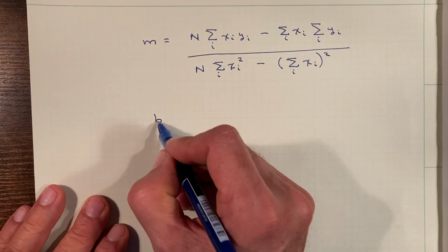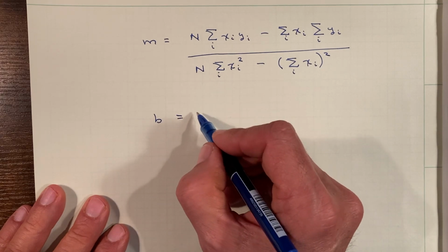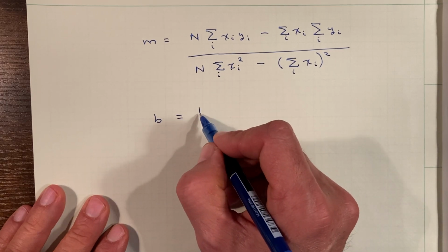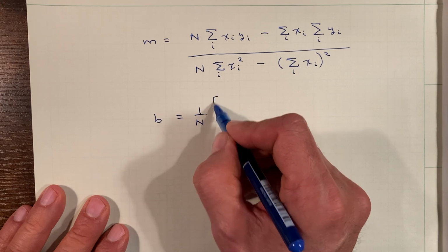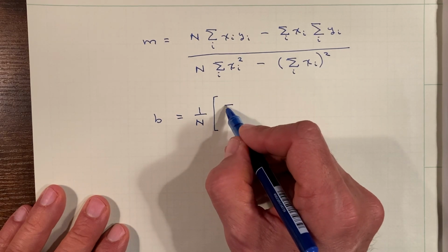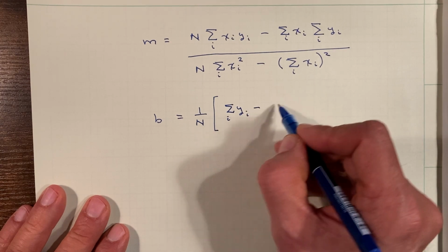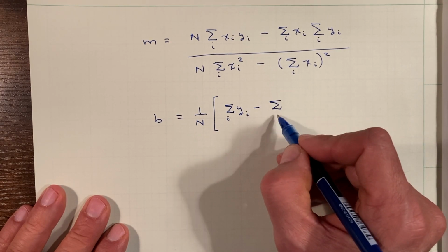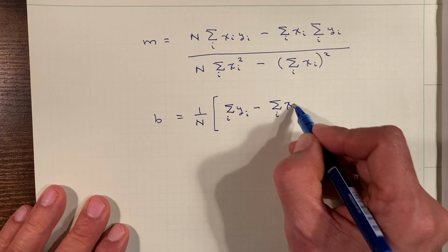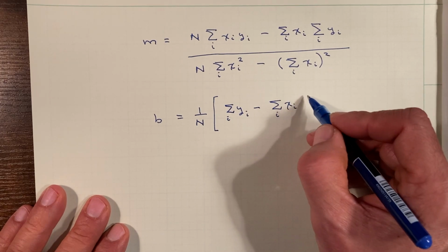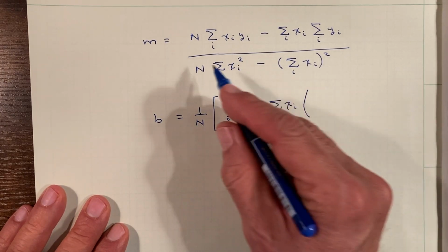And similarly, we say that b equals 1 over n sum over i, little y sub i, minus sum over i, little x sub i, times this term up here.